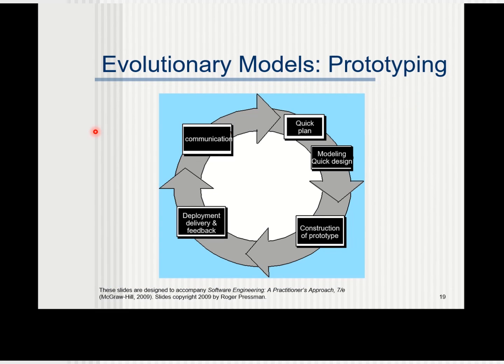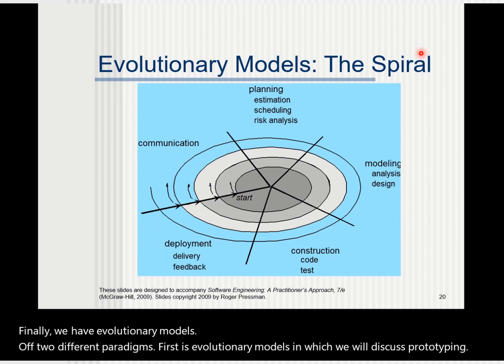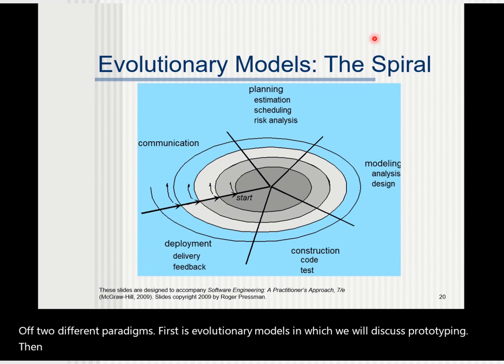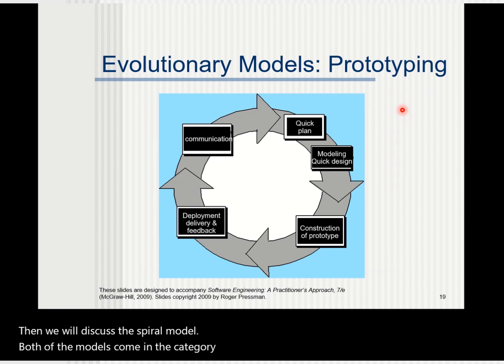Finally, we have evolutionary models, of two different paradigms. First is prototyping, and then we will discuss the spiral model. Both of these models come in the category of evolutionary models.